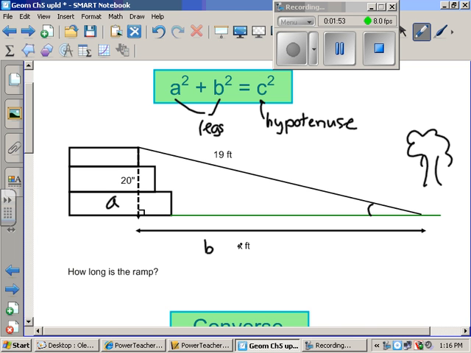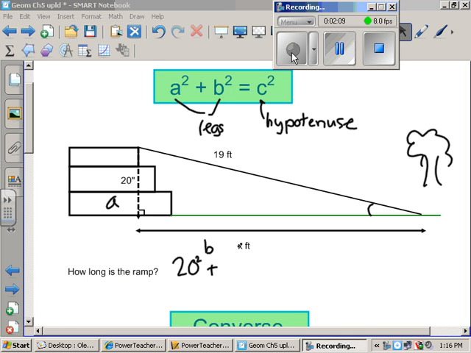It doesn't really matter, you could switch them if you want. So I get 20 squared plus, and 19 is in feet, so I have to be careful. I have to do 19 times 12 to get this into inches as well. So 19 feet is 228 inches.